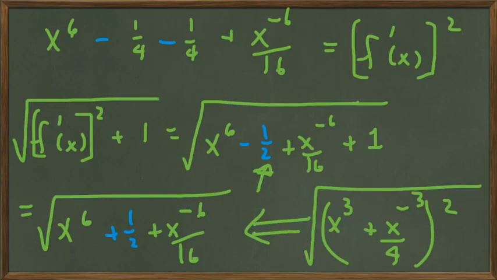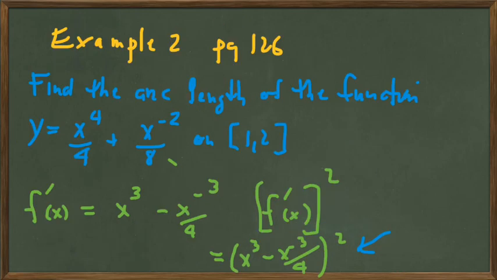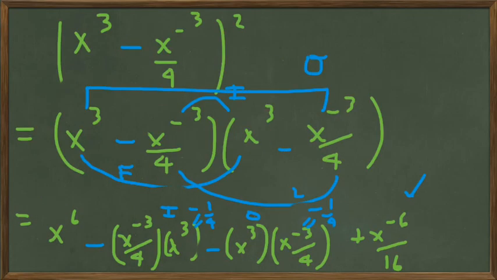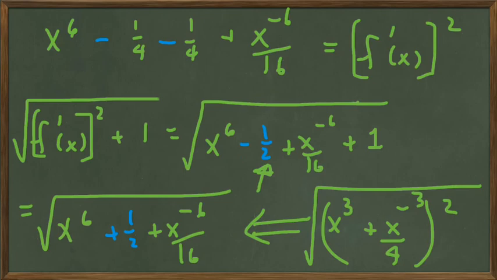So this is a special example where the function has an odd-looking derivative, but when we square it, we get this.